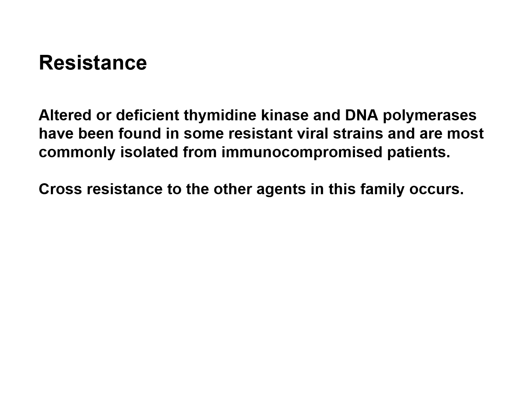About resistance, previously we said resistance can occur due to altered or deficient thymidine kinase or mutations in the DNA polymerase. So we have two different kinds of mechanisms of resistance: either alteration or deficiency in the thymidine kinase enzyme needed for the first phosphorylation step for the activation of these nucleoside analogs, or mutation of the DNA polymerase, the enzyme that the drug inhibits, which can lead to less binding between the drug and the DNA polymerase.